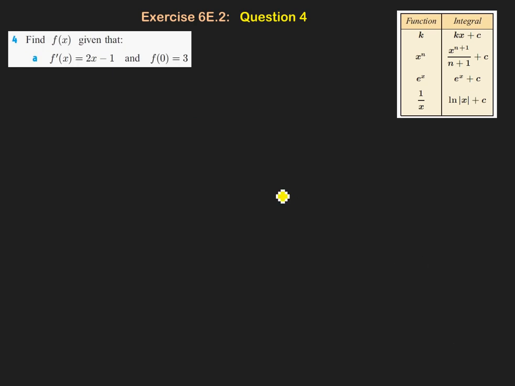This question 4 is very special because there is an initial condition given to you, f(0) equals 3. Now what is the purpose of this condition? We will find out later. Just start with this: f'(x) is 2x minus 1.